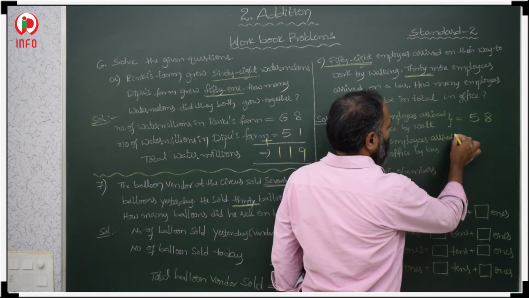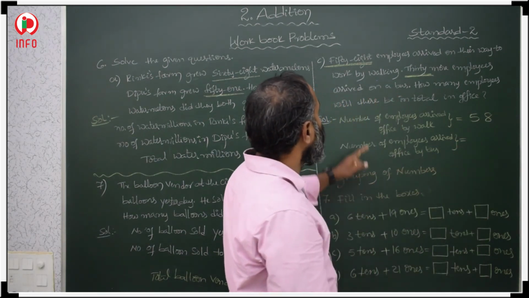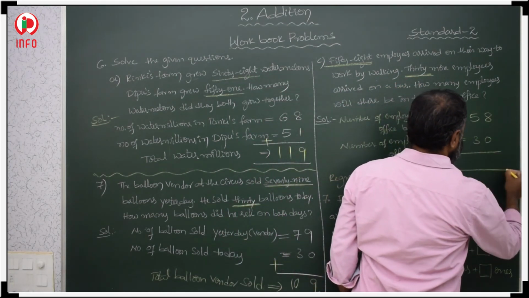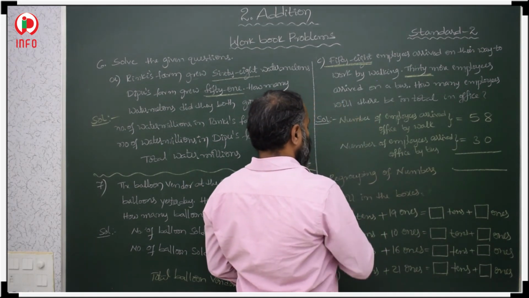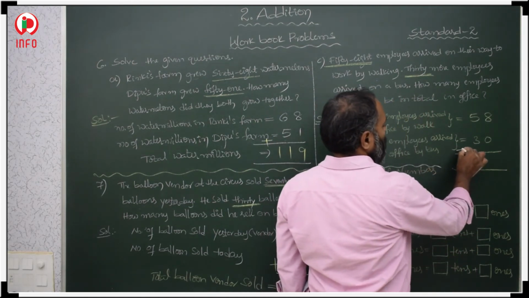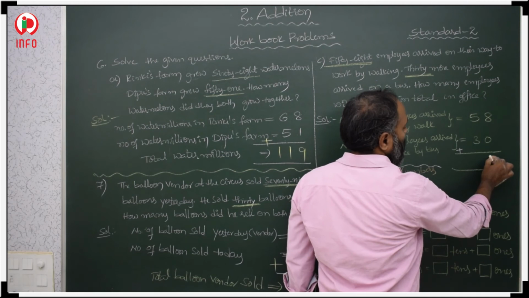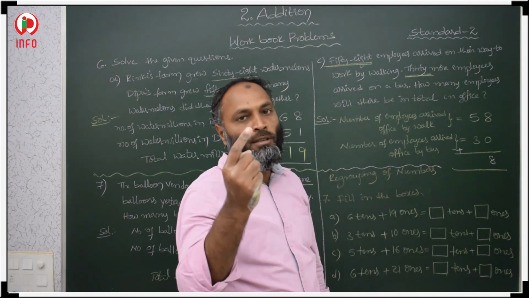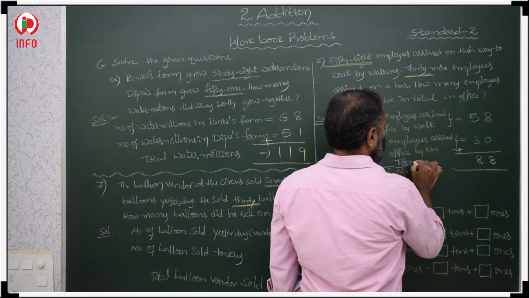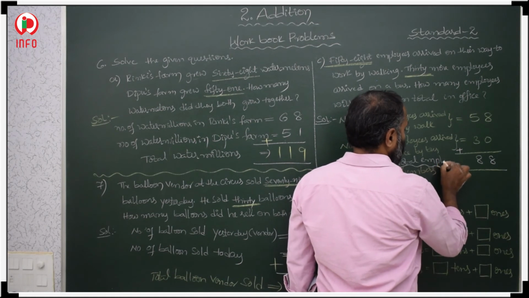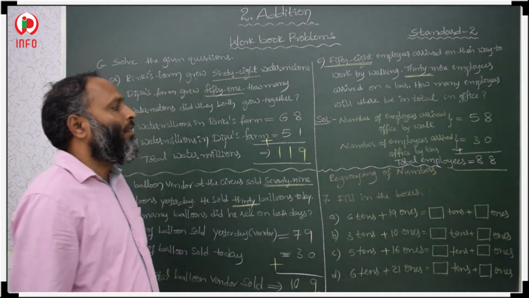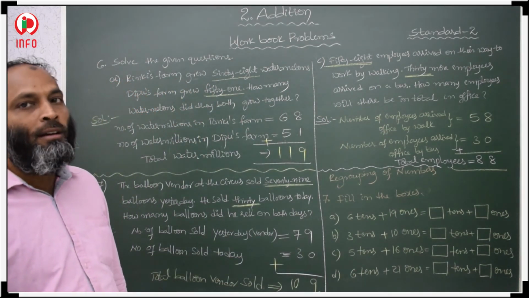How many arrived by bus? 30 more employees. Now we have to find the total employees. Total employees means we have to add. 8 plus 0, 8. 5 plus 3: 5, 6, 7, 8, 88. Total employees 88. These many employees were there in the office.